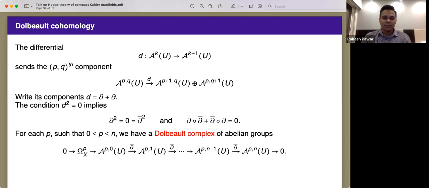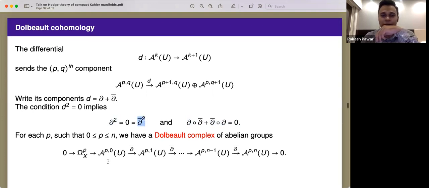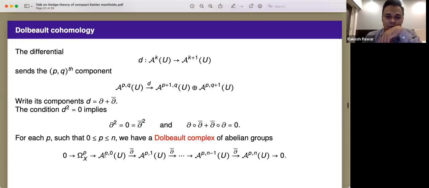And now we can see, since this identity holds, I can form a new complex. So what I will do is start with A^{p,0}, and if I apply ∂̄, this is telling me that A^{p,0} will go to A^{p,1}, and I continue up to n, where n is the dimension of X. So I'll get this complex, and we already checked it's a complex because ∂̄² is 0.